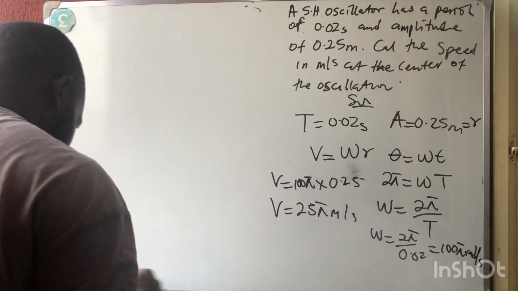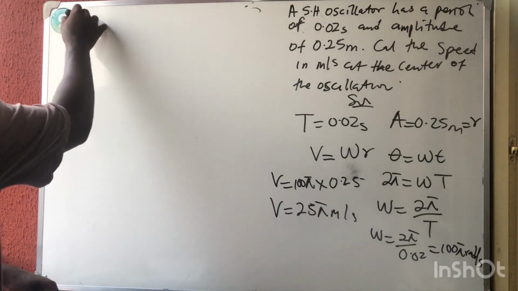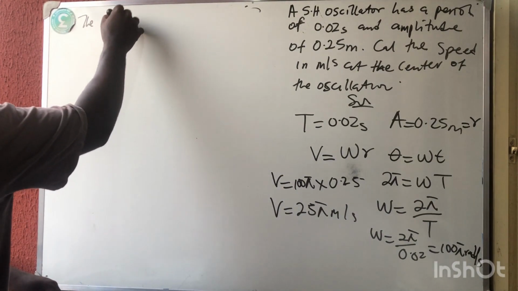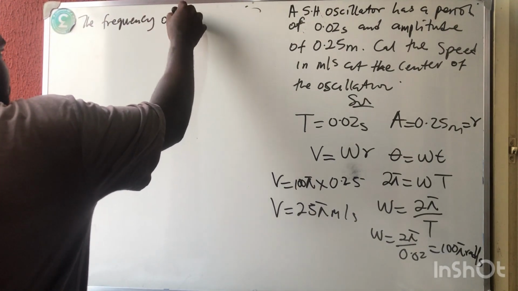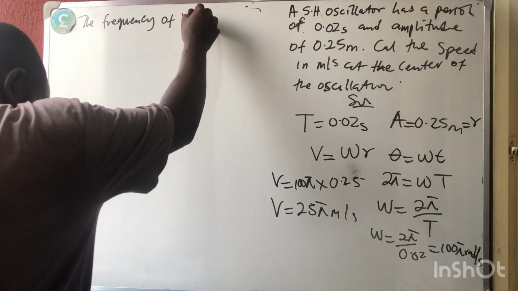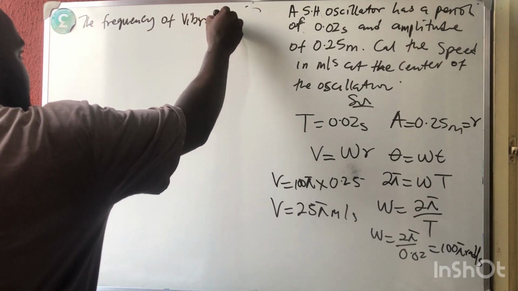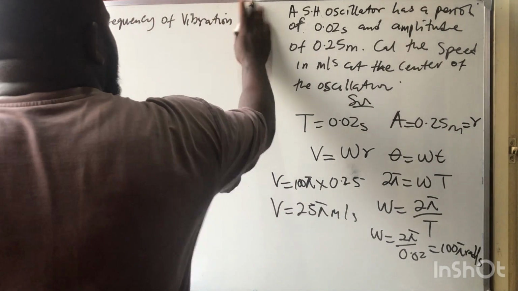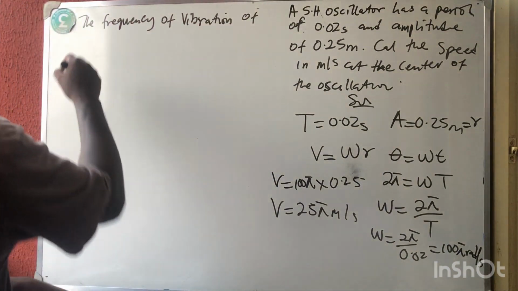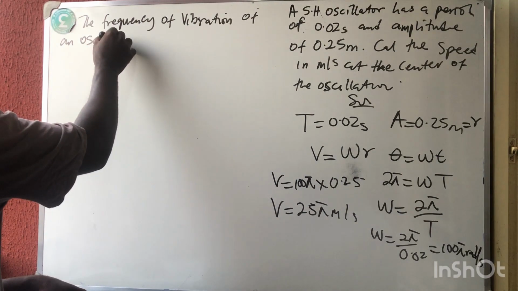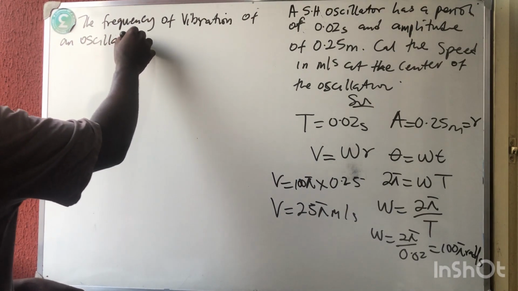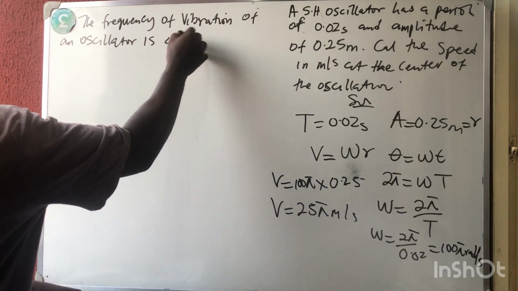So let's take another question. Another question says the frequency of vibration of an oscillator is 4 Hz.